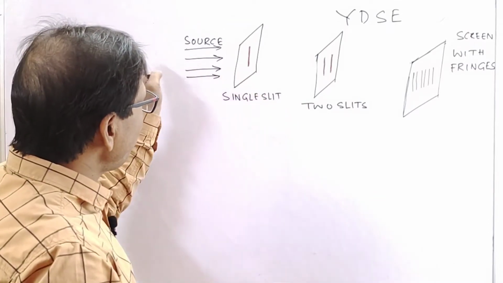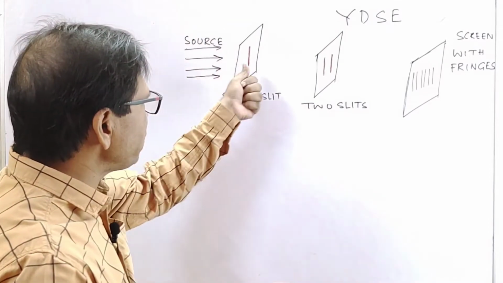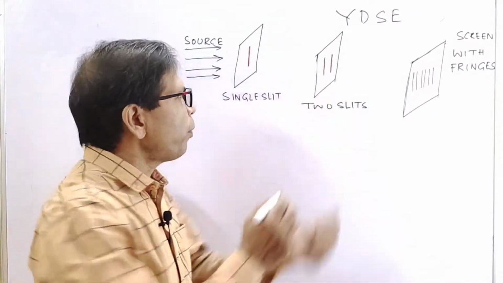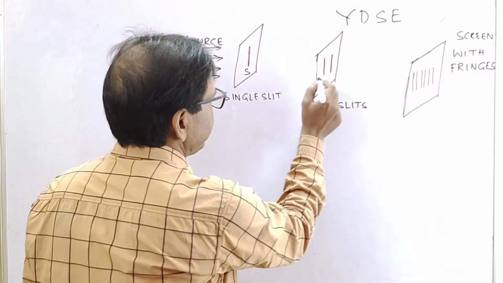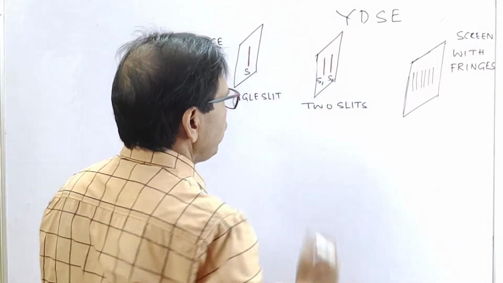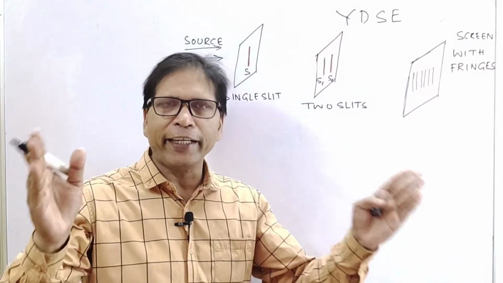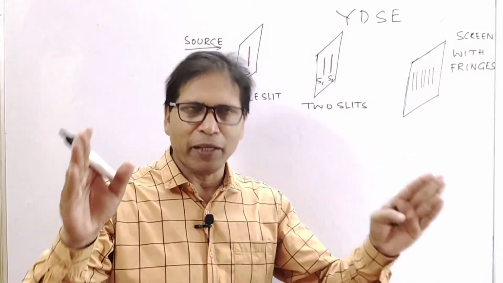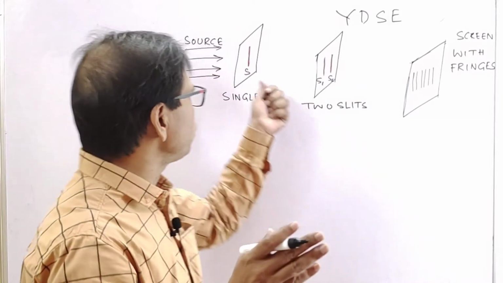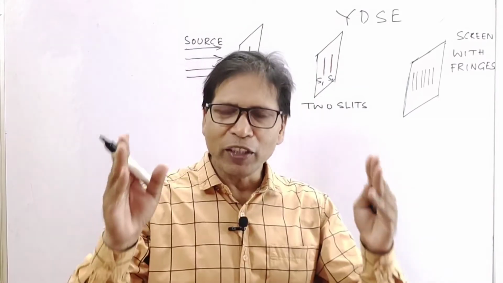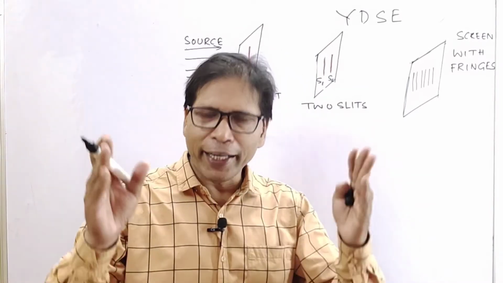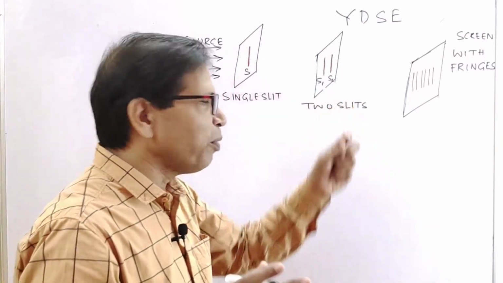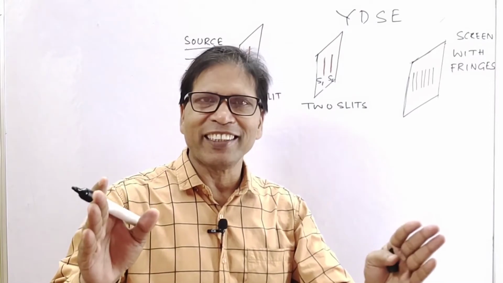So light from a monochromatic source passes through a single slit, then two slits. Suppose this is S and these are S1 and S2. These two slits are identical, so intensity of two sources becomes same. As they are produced from the same source, they have same frequency, and S1, S2 are equidistant from S, so they have constant phase difference.